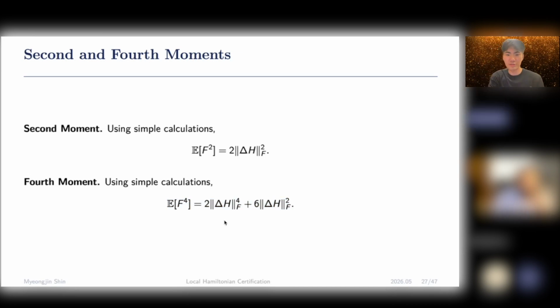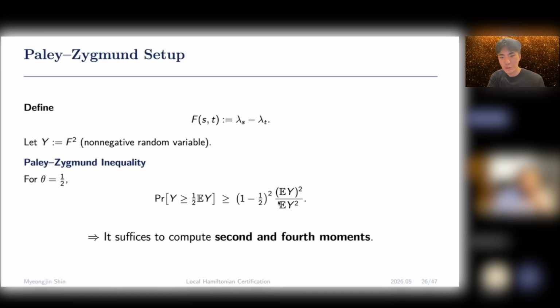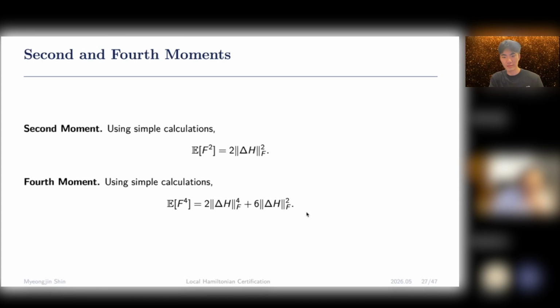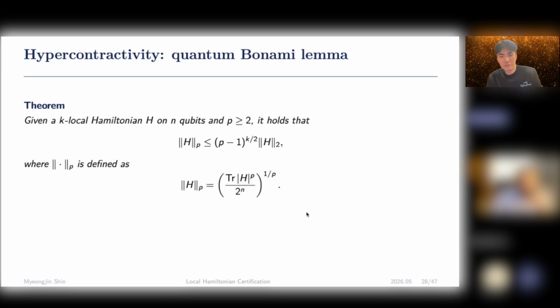Then what should we do? We want to lower bound this quantity. So we need to have a relation between the fourth moment and the second moment. In order to get that, we need a relation between the norms of delta H. So is there a relation?